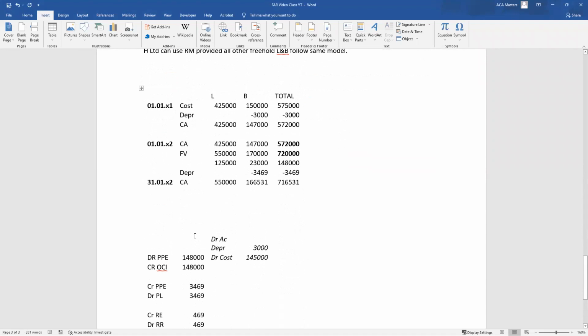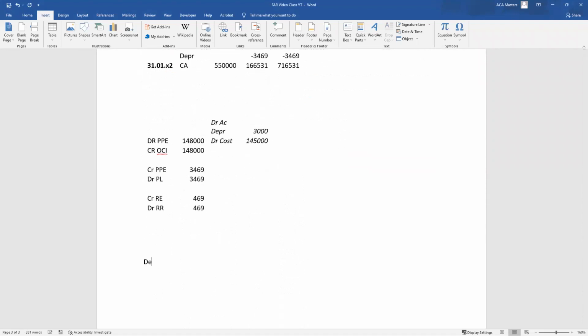So we could say, revaluation gain recorded through OCI, because we've set the journals out there, so that's fine. So you can say additional depreciation in P&L as a result, and this impacts retained earnings.